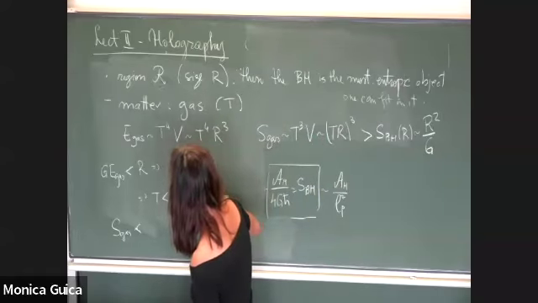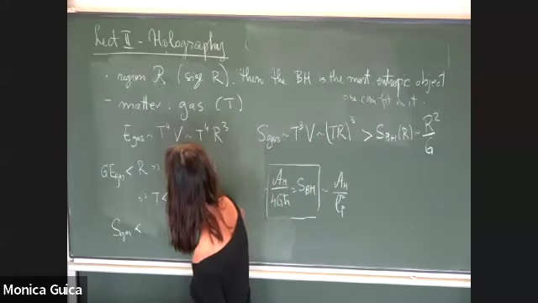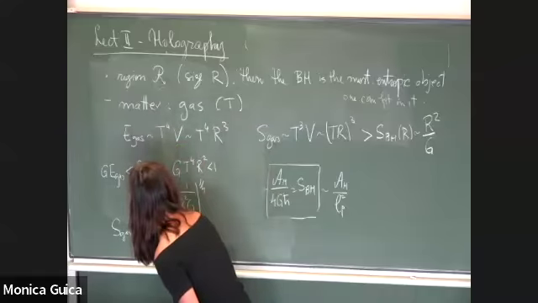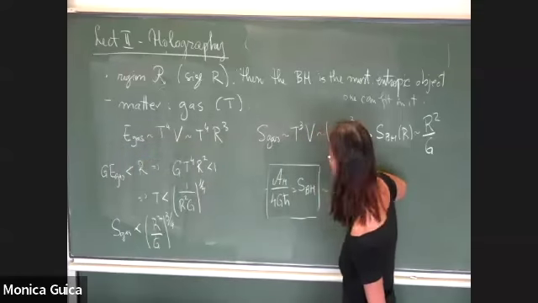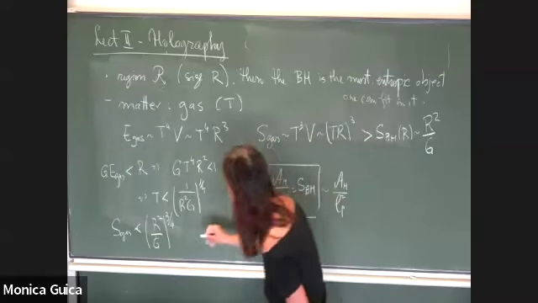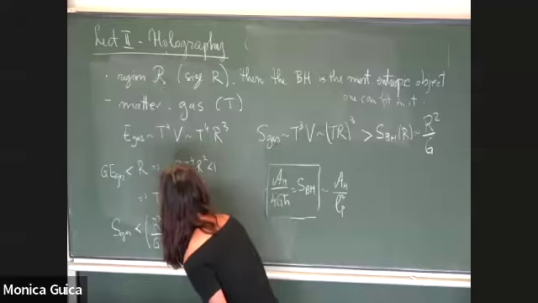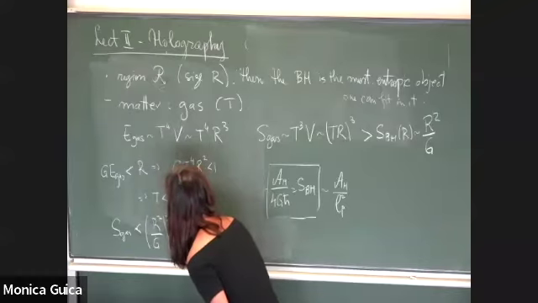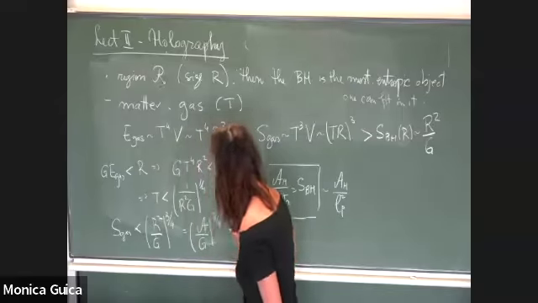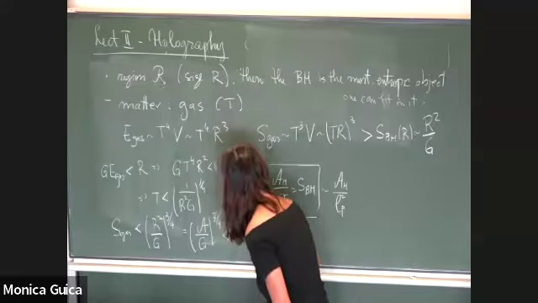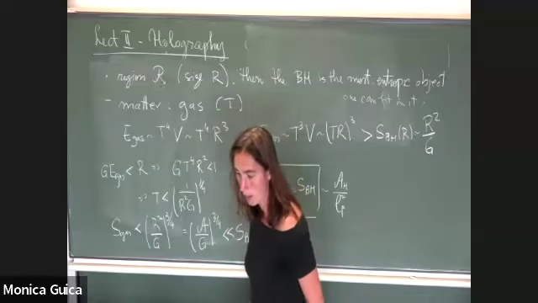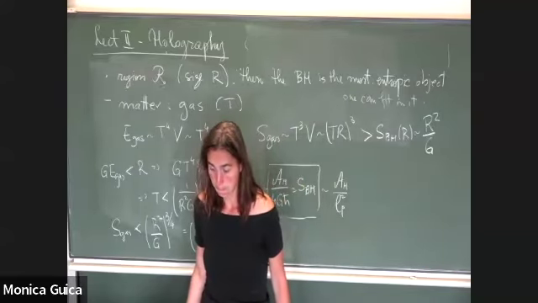So T times r, the r I put in here, becomes to the 4th. So this is going to be (r^2 over G) to the 3/4. Okay, I just plugged in this one. Which is just the area of the region divided by G to the 3/4. So you see this is much, much smaller than the black hole entropy at radius r, because I'm assuming that r is much greater than 1.